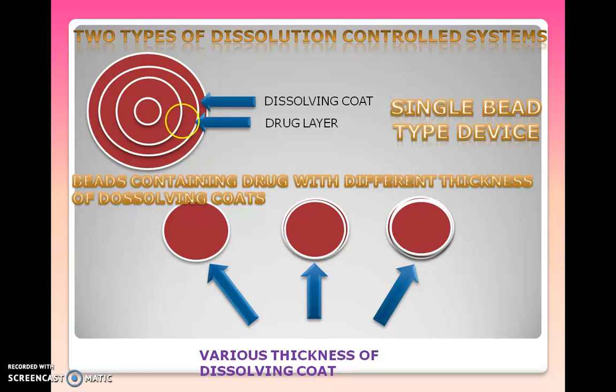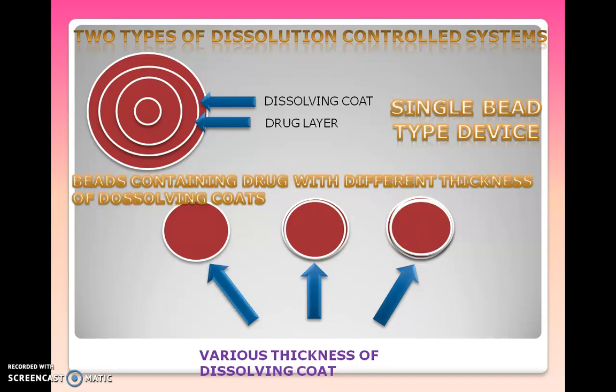And second type is multiple beads, means various thickness of coats of polymer we are giving to the microparticles. In this system some of the microparticles are kept uncoated, some are coated with polymer with very thin coating, some are coated with intermediate thickness of coating, and some are coated with high thickness of polymer.